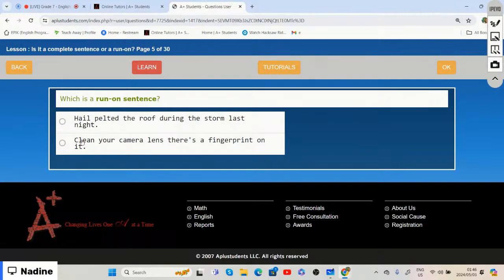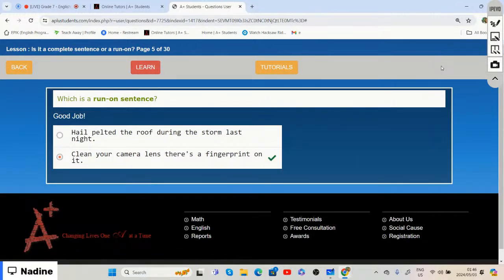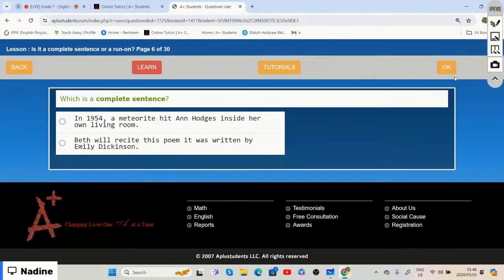All right, so hail pelted the roof during the storm last night, and clean your camera lens, there's a fingerprint on it. We need to select a run-on sentence. Let's do this one. And that one is correct. All right, the last one.